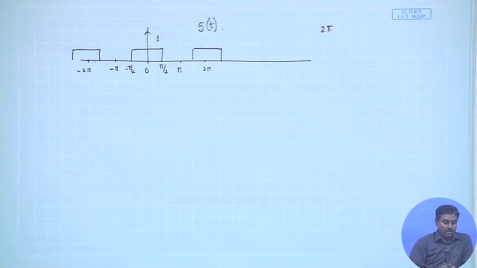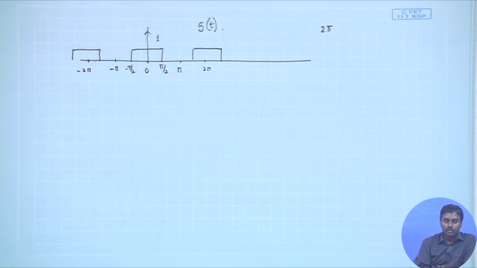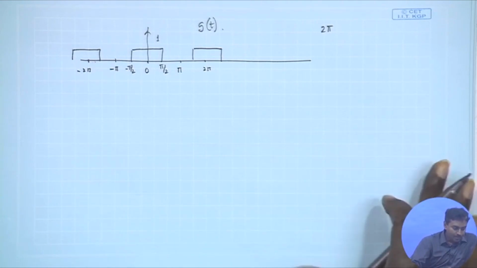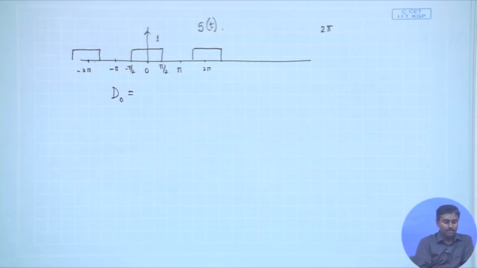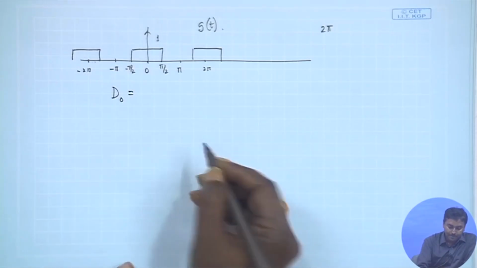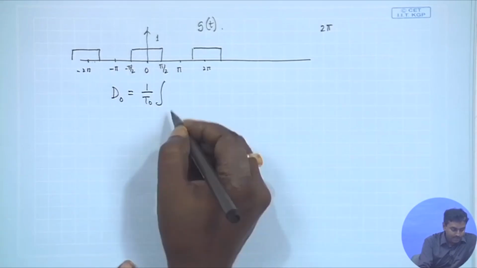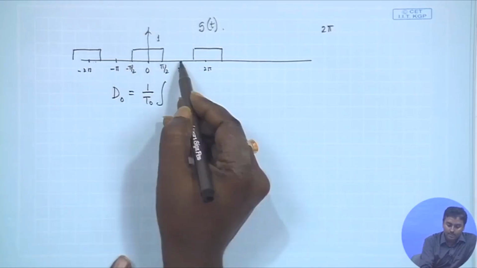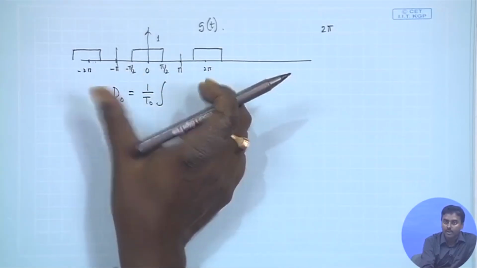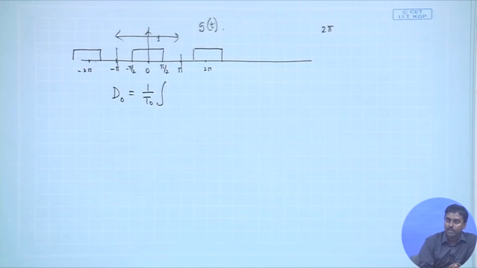Okay. So all I want to do is see how this signal can be decomposed into known signals. So what we have to do is evaluate first, let us say, D0. D0 is nothing but 1 by T0 integration. Now I have to do it over a period, that should be minus pi to plus pi, that is one period, it is 2 pi, because this thing gets repeated at every 2 pi.